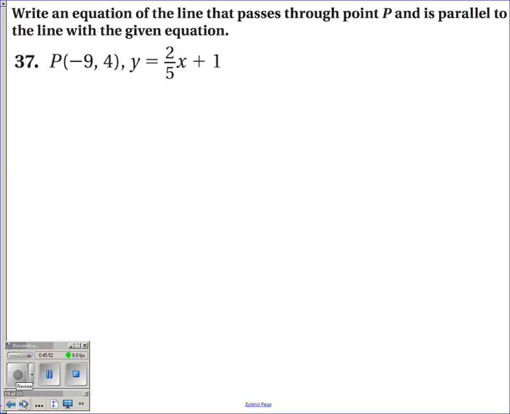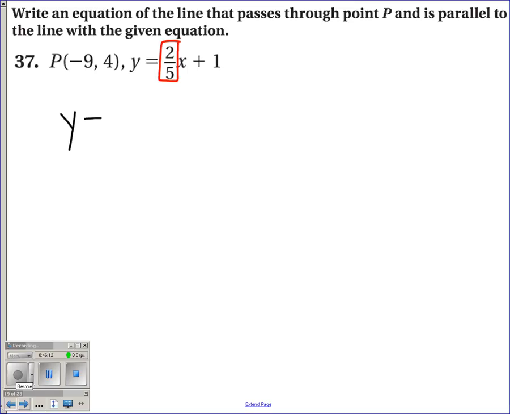Well, now 37, our slope is, again, the coefficient of x. That's 2/5. If we were needing perpendicular, we would use -5/2. But let's use the 2/5 and plug into our formula.